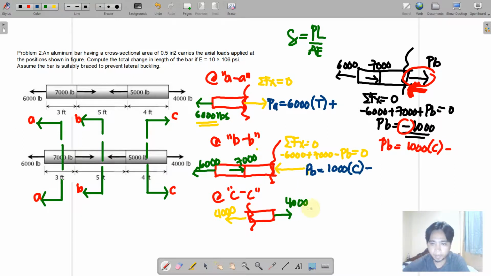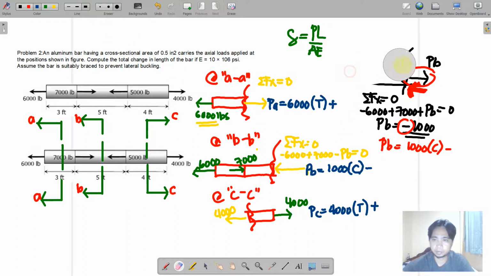Thereby PC here is equal to 4,000. This is in tension and it is a positive length. So perhaps we can erase this portion.